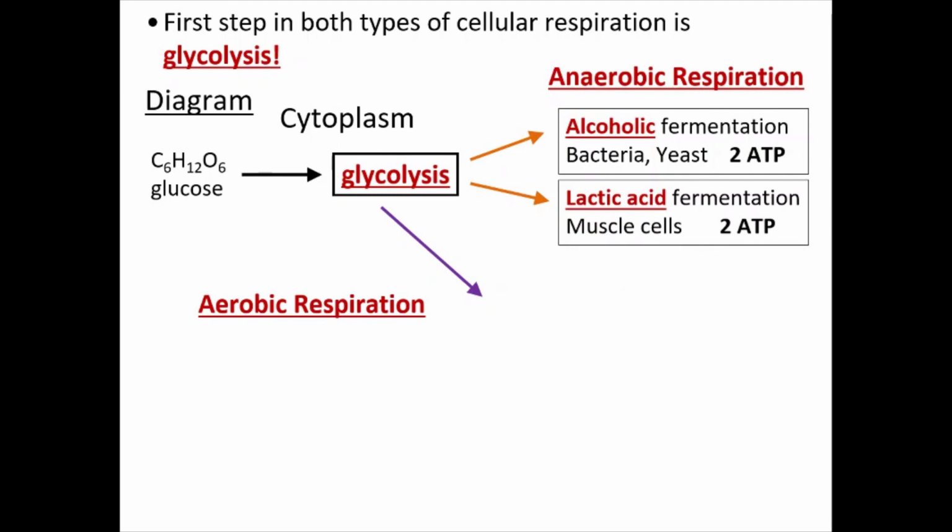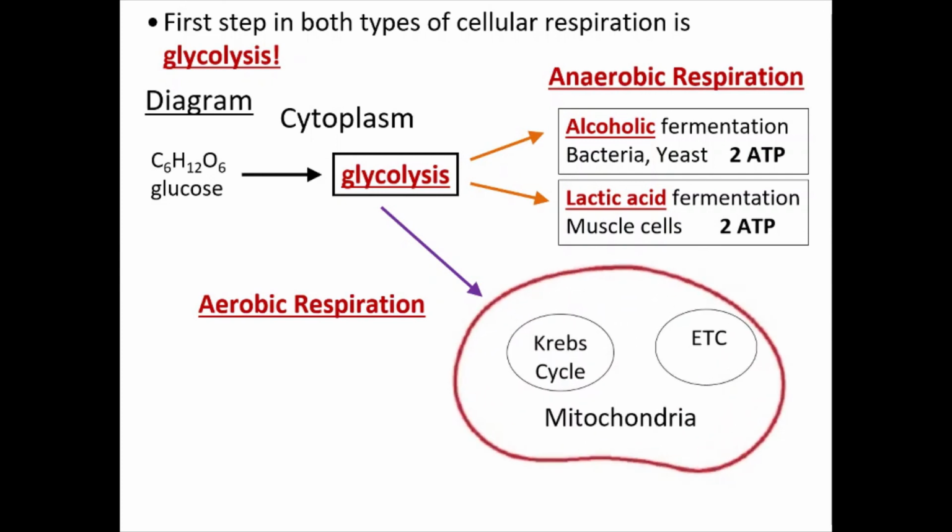Alcoholic fermentation is only for the baking and brewing industry, where lactic acid fermentation is the one that occurs in your cells. Now, this type of fermentation is only there to help the glycolysis process continue to go until oxygen can return to your muscles and aerobic respiration can continue.